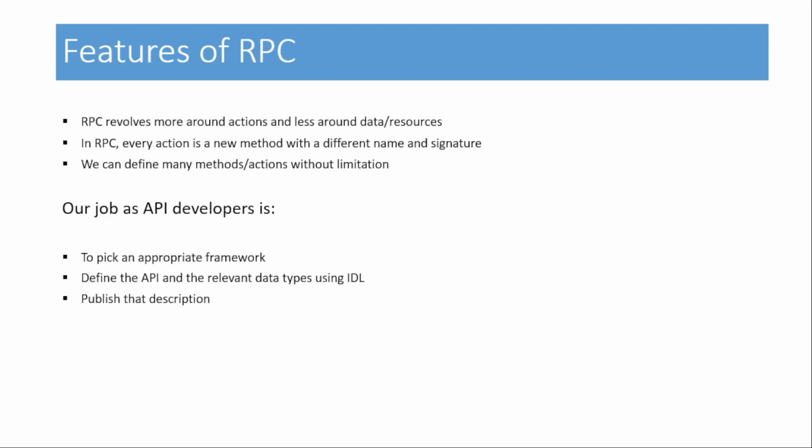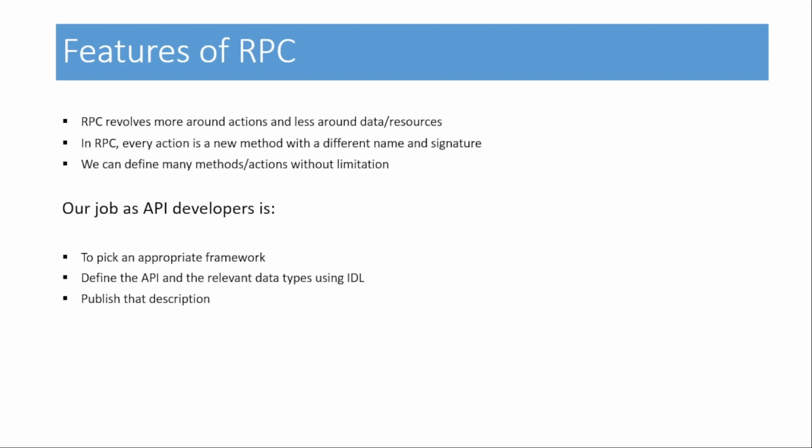Methods have distinct signatures specifying the method name, parameters, and return type, which helps in defining clear and unambiguous interfaces. We can define many methods, actions, without limitations. This allows for a highly flexible and scalable system where new actions can be easily added as needed.